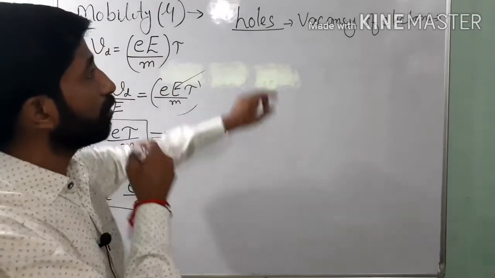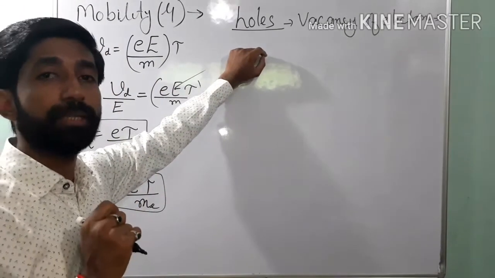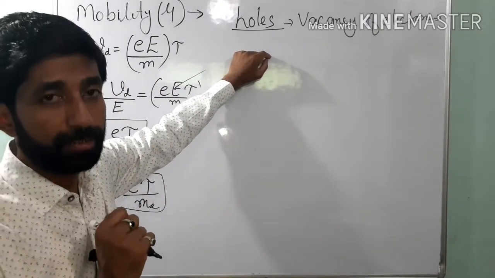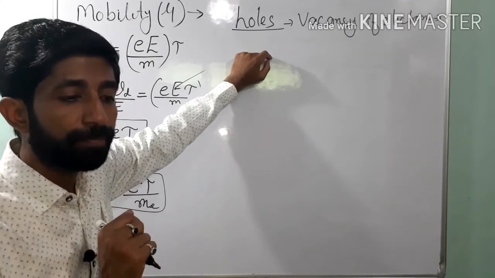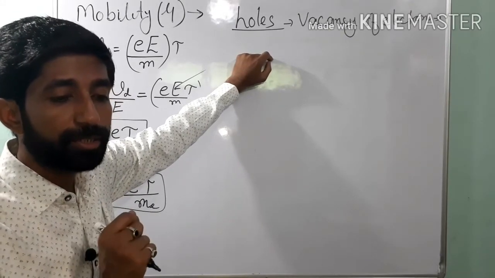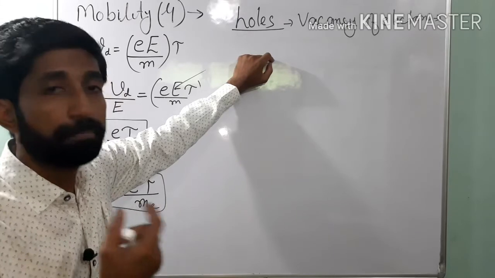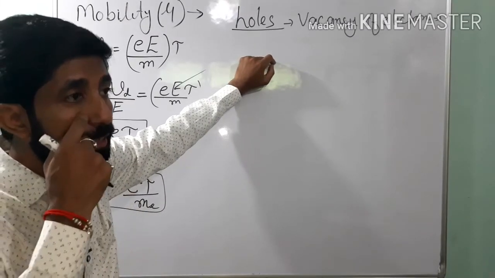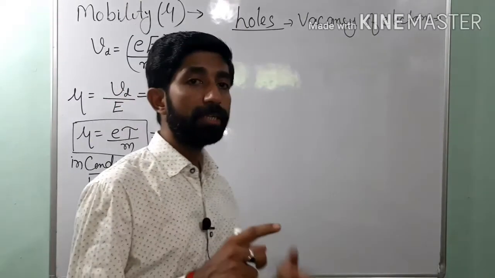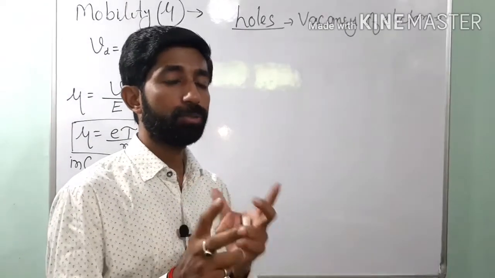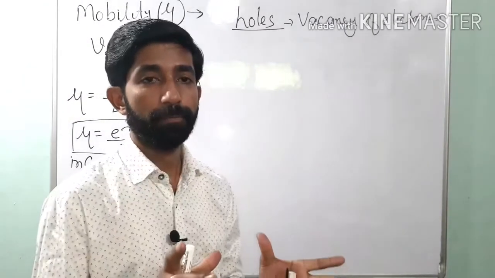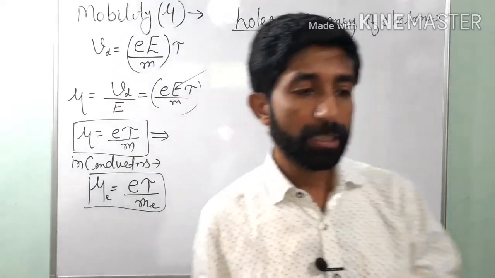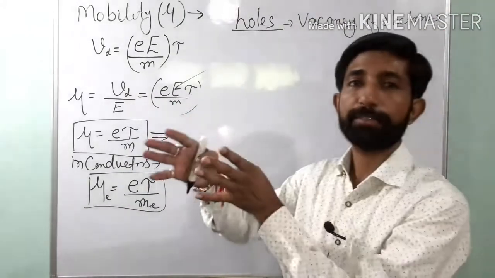Holes are the vacancy of electrons in semiconductor, because in semiconductor all the electrons are bound by the covalent bonds. At normal temperature, one or two covalent bonds are broken up. So one electron is taken apart from the bond.